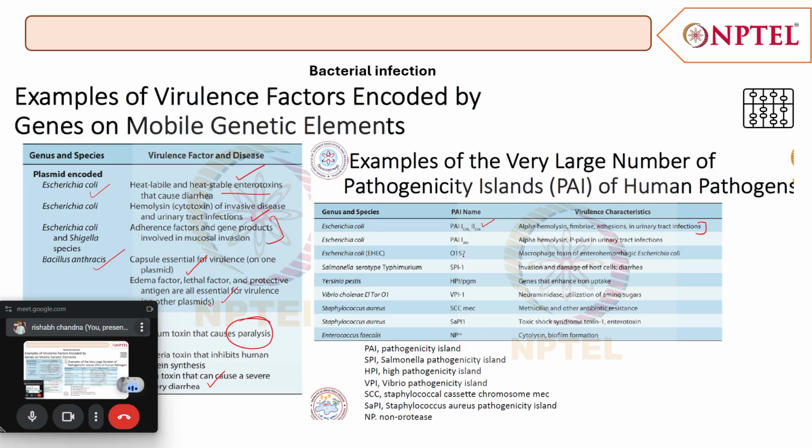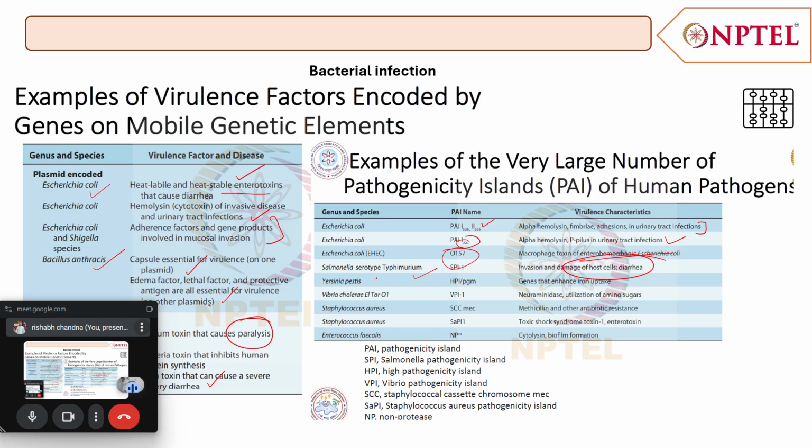And we have another PAI, J96, which also carries alpha hemolysin and P pilus in urinary tract infection. Then we have E. coli O157, with the toxin of enterohemorrhagic E. coli. Salmonella typhi SPI1, for invasion and damage of the host cells causing diarrhea.